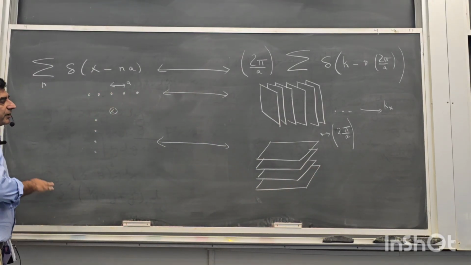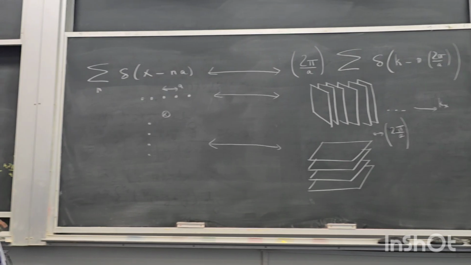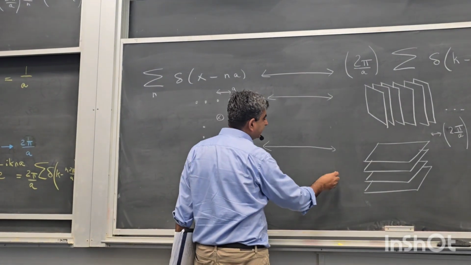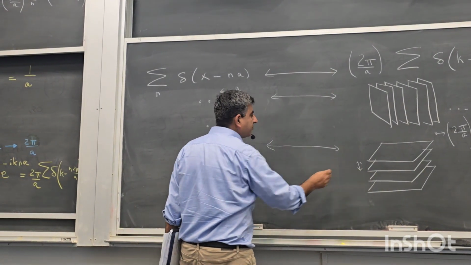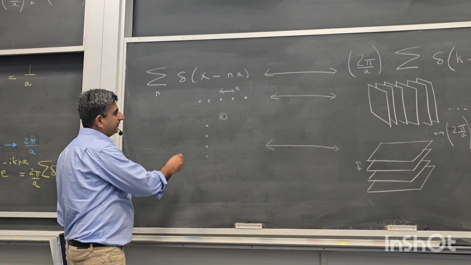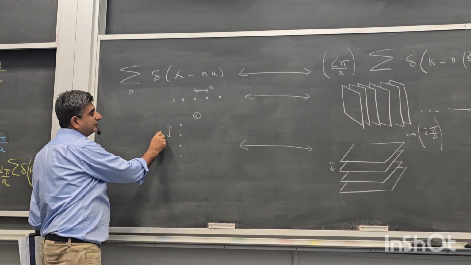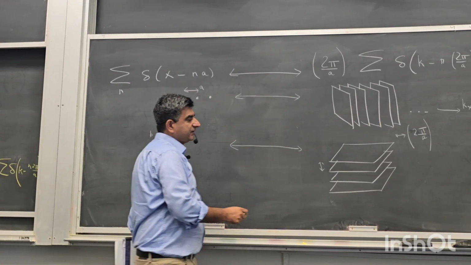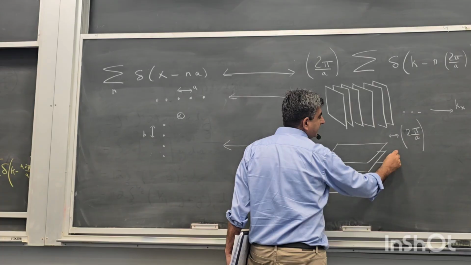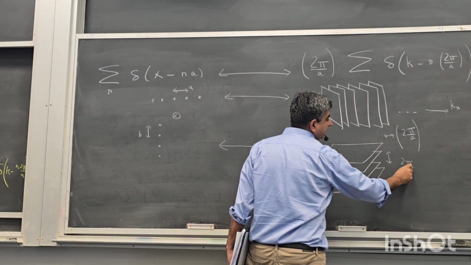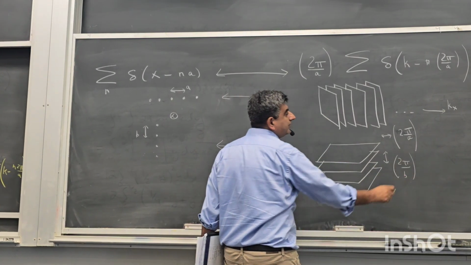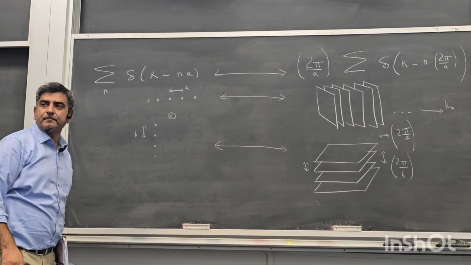Okay, since I'm talking about, say, a primitive cubic lattice, suppose I'm talking about an orthogonal lattice. So if this is B here, then this spacing between planes is 2 pi over B. Okay?